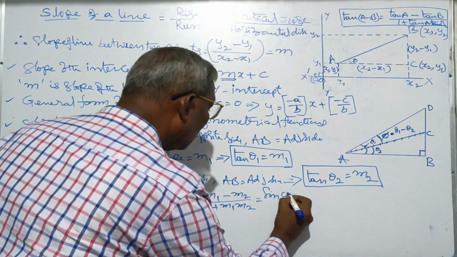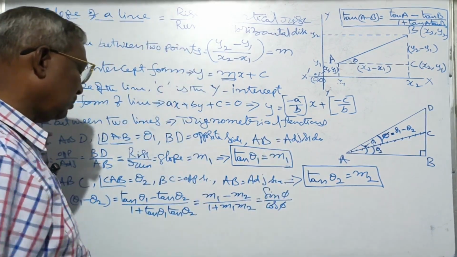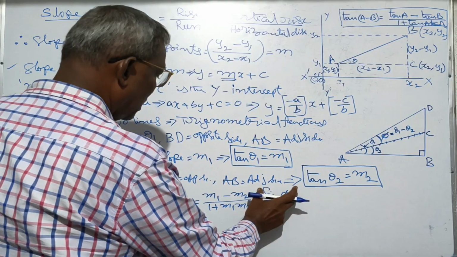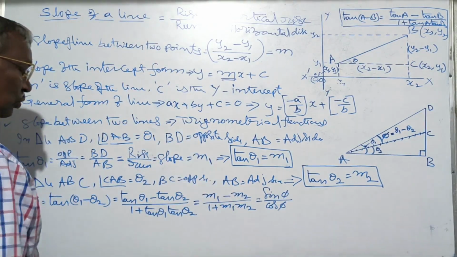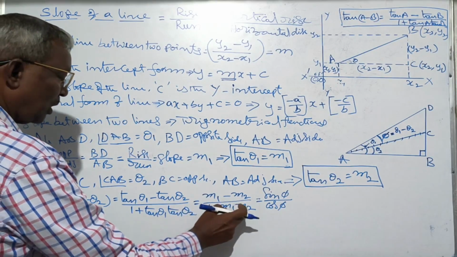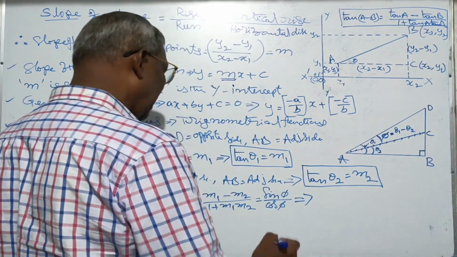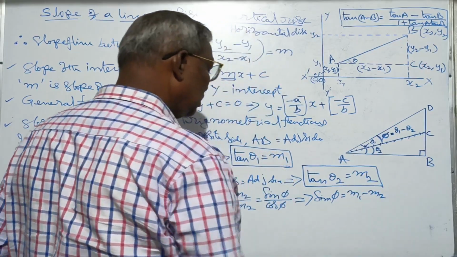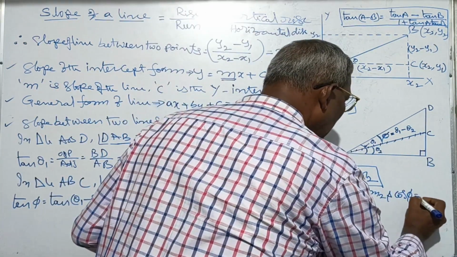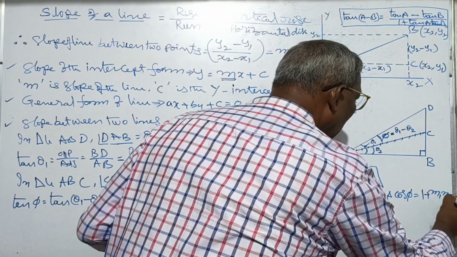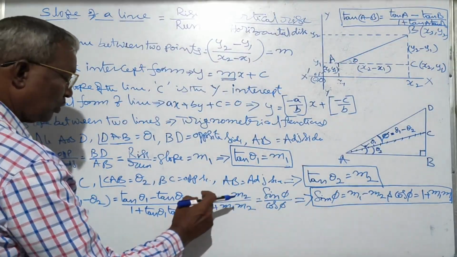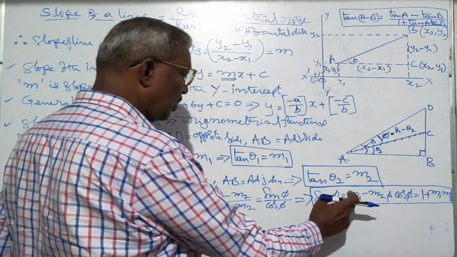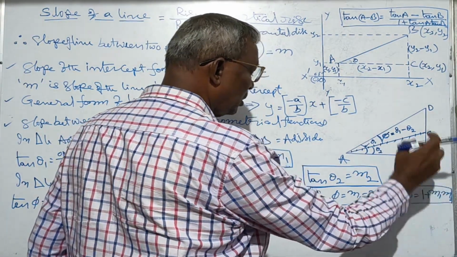That means sin phi is equal to M1 minus M2, and cos phi is equal to 1 plus M1 M2.